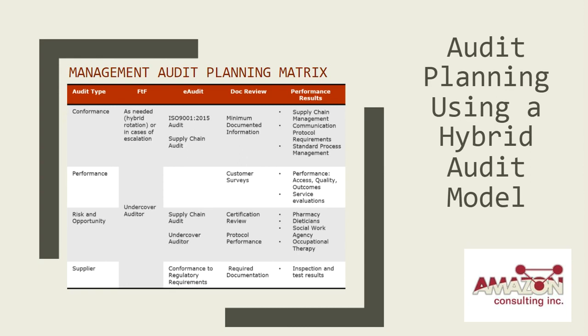But if we take a look at the bigger picture and what the authors of 9001 were talking about by taking away that single management representative and now going to the management team for the responsibility of the quality management system, then that can essentially expand the management audit planning itself. So it's going to incorporate many other people.